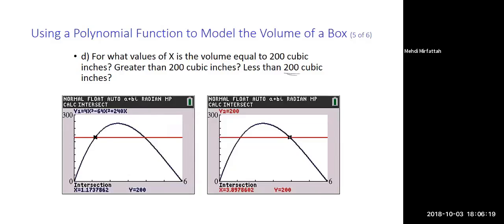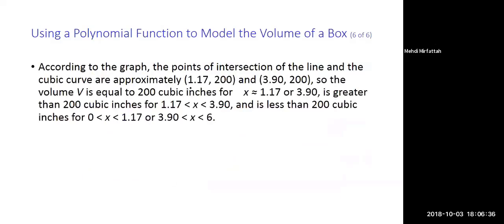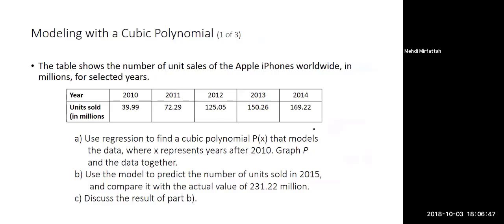As you can see, these are the points of intersection here. Above that would be between these two points. Below that would be from negative infinity to this point, and from this point to positive infinity. So we can locate those points and figure out where your graph would be below or above those lines.